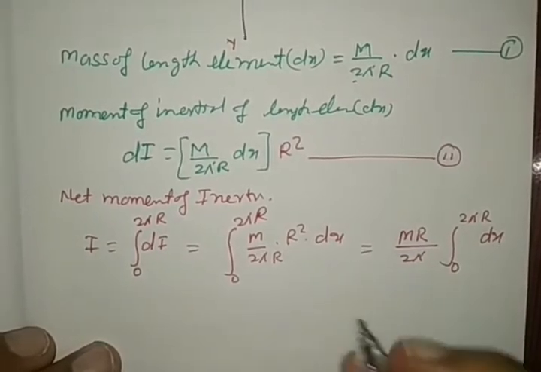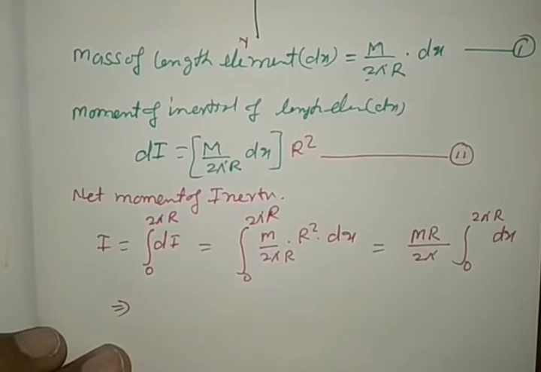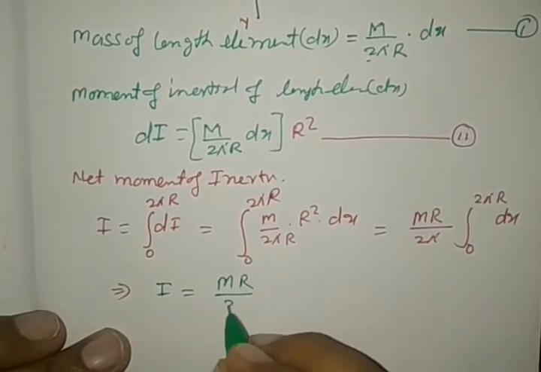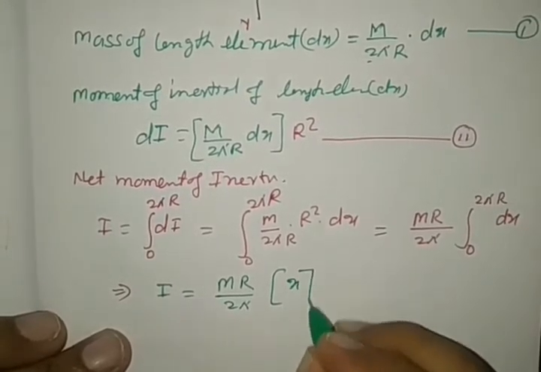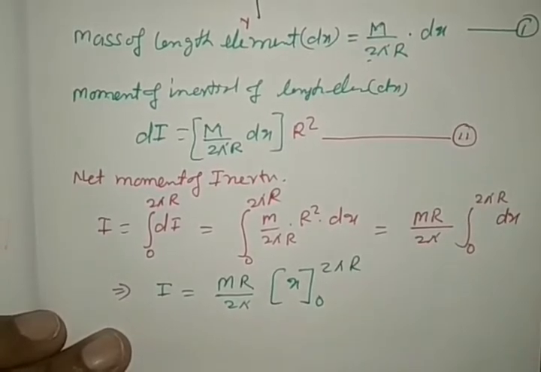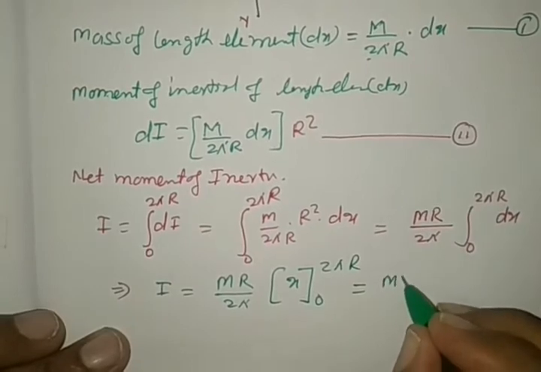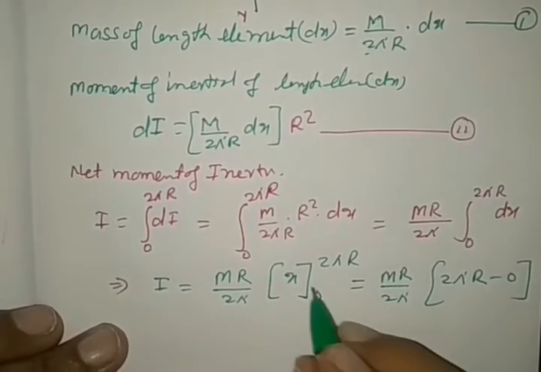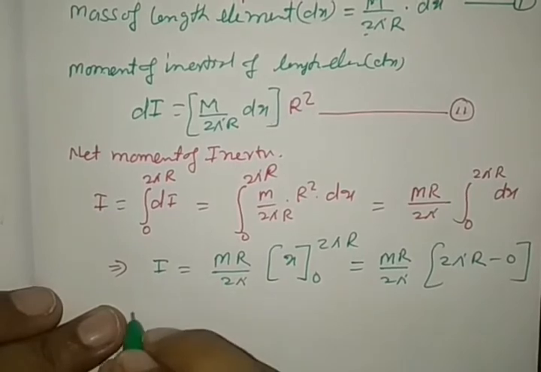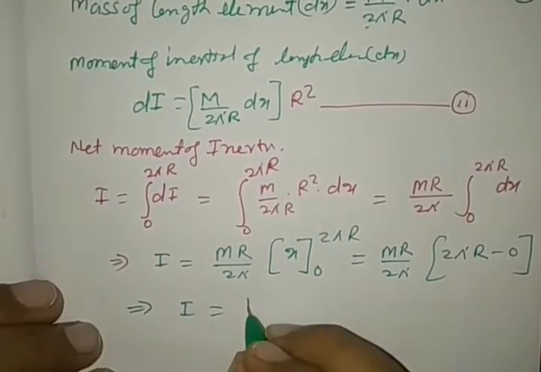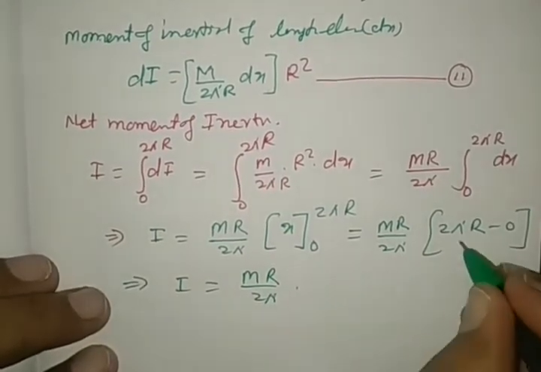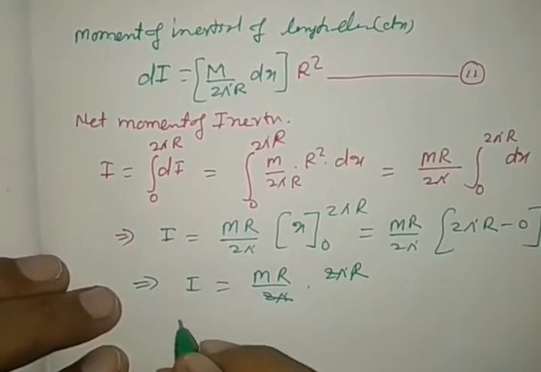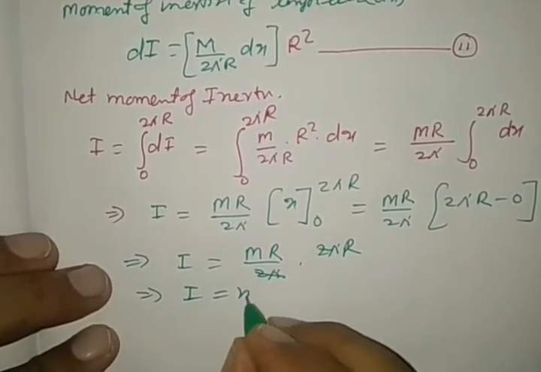The integral of dx is x, so I is equal to M R upon 2 pi times x from 0 to 2 pi R. Putting in the limits, upper limit minus lower limit, I is equal to M R upon 2 pi into 2 pi R. The 2 pi is cancelled by 2 pi, so I is equal to M R square.